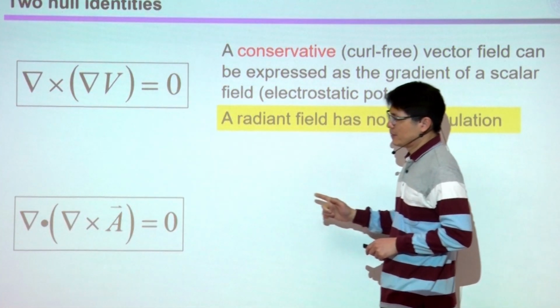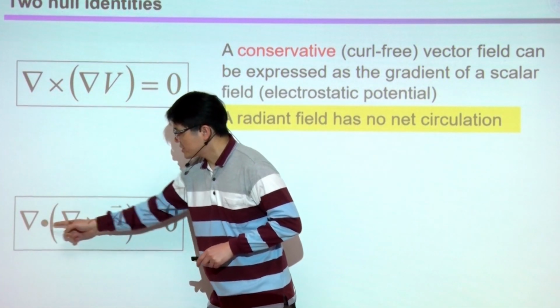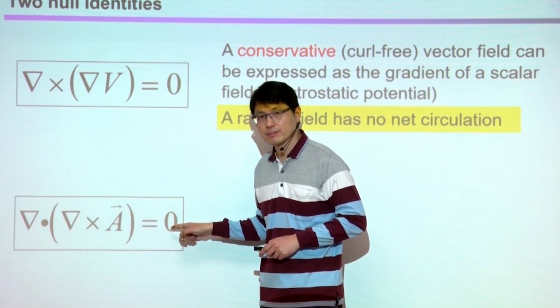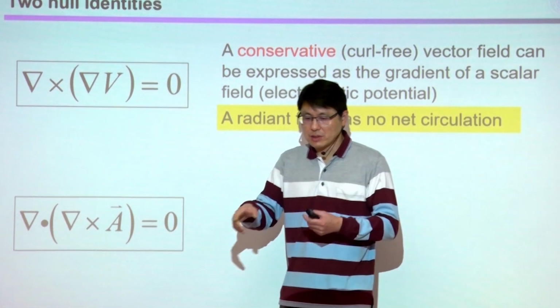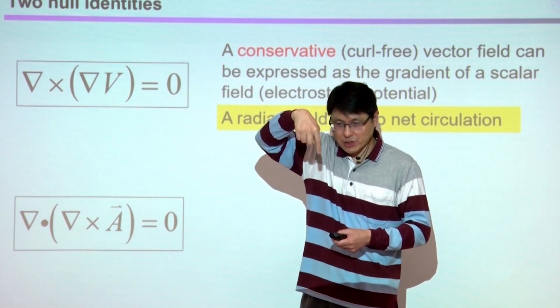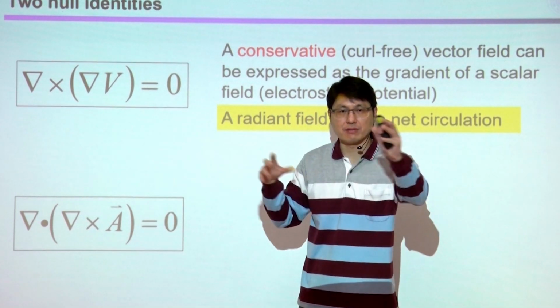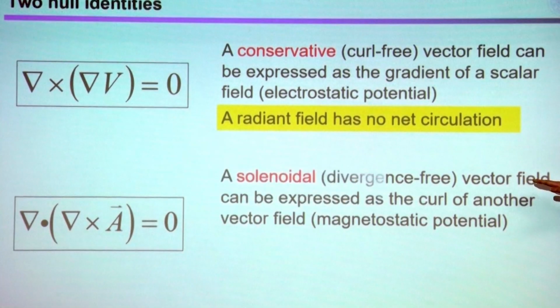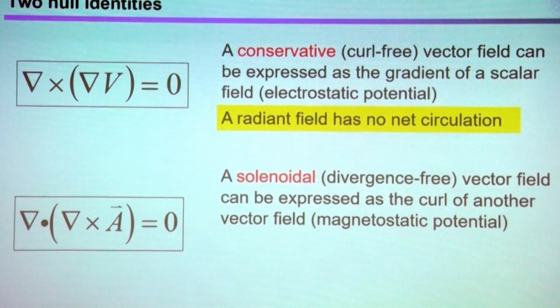Again, divergence of a curl is equal to 0 means you have a circulating field, right? Once you have a circulating field, there's no divergence. So try to read this sentence.